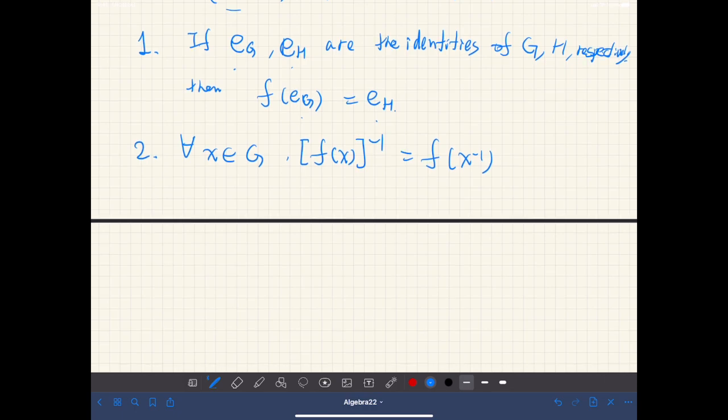So this is the inverse element of F of x. So x inverse is, of course, the inverse element of x in G. That means the inverse element is mapped to an inverse element in H.